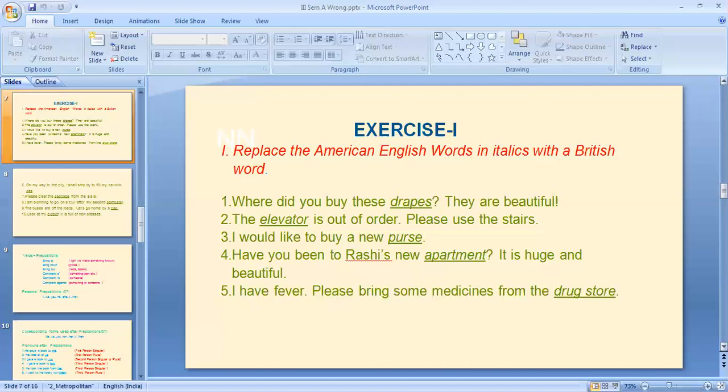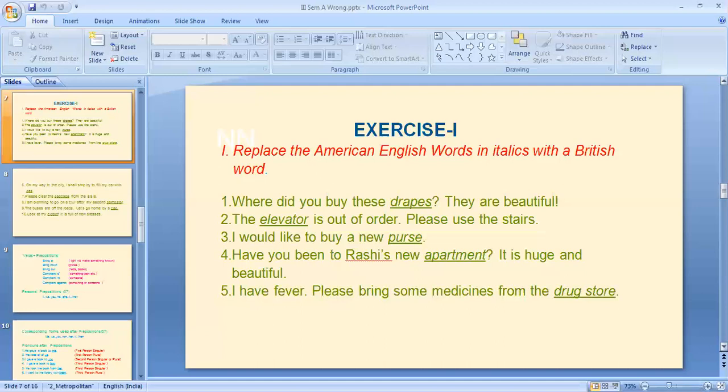So Britishers' curtains are Americans' drapes. Americans call that material drapes, whereas British people call them curtains. We Indians also use the word curtains to mention the cloth covering of our windows.